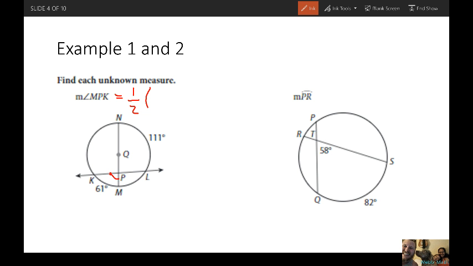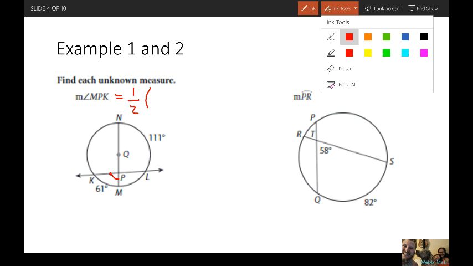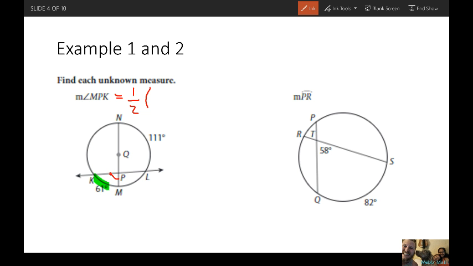of what two arcs do we have? We have MK, that's given to us, that's 61 degrees, and NL, or LN, that's given to us. So we'll use those two arcs.